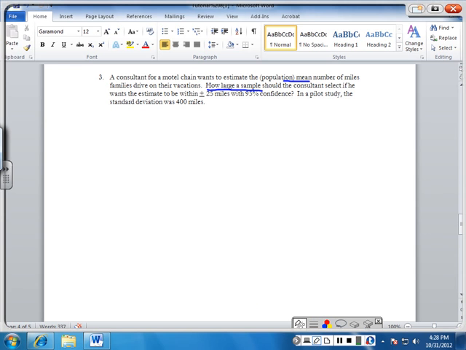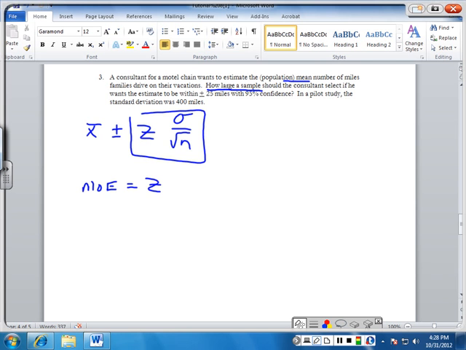So if we were to do a confidence interval for the population mean, it would be of the form x bar plus or minus a confidence coefficient times standard error. This then is the margin of error. Forget the x bar plus or minus. Now you would use that after you collected the data. Margin of error is equal to z sigma divided by the square root of n.